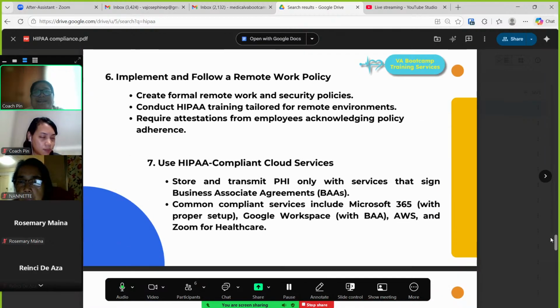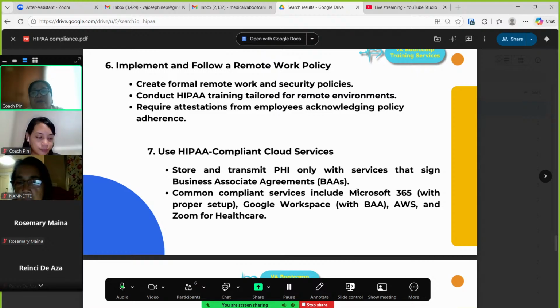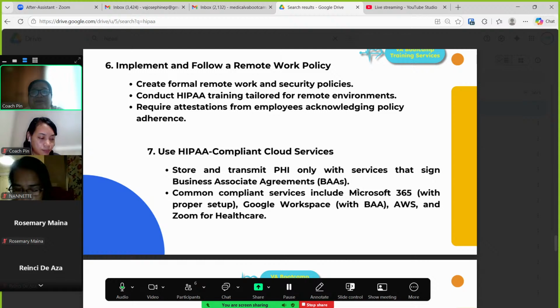Okay, so implement and follow a remote work policy. So this one is for us. You have to create formal remote work and security policies, conduct HIPAA training tailored for remote environments, require attestations from employees acknowledging policy adherence, and then use HIPAA compliant cloud services.